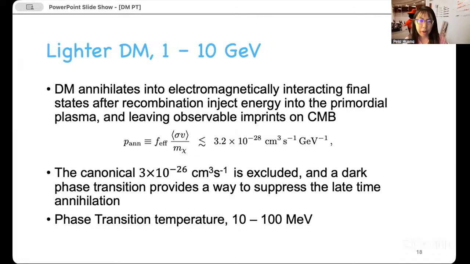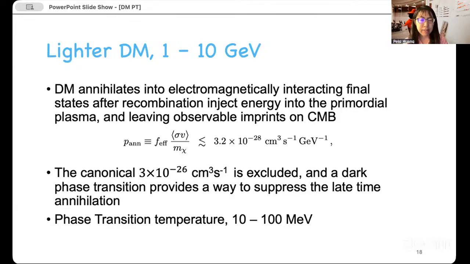So in this range, there are stronger constraints on the annihilation cross-section. The typical 3 times 10 to the minus 26 number cannot work here. So the canonical value is excluded, and there are discussions in the literature about how to satisfy the constraint while getting the right relic abundance.